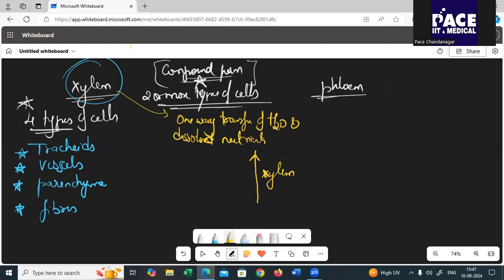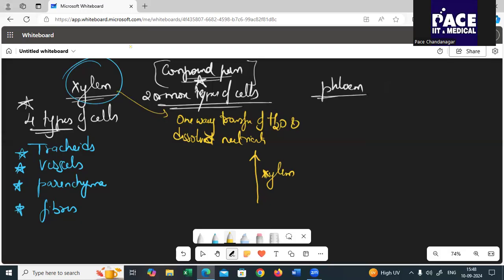Water gets into the roots of the plant because of osmosis. And what is osmosis? Cell to cell transfer of water from one cell to the other, along with the dissolved nutrients. Xylem performs this one-way transfer of water and its dissolved nutrients from the roots till the tip of the plant. Each and every tip of the plant needs this nutrition to perform photosynthesis. So obviously, xylem is carrying all this to the top end.